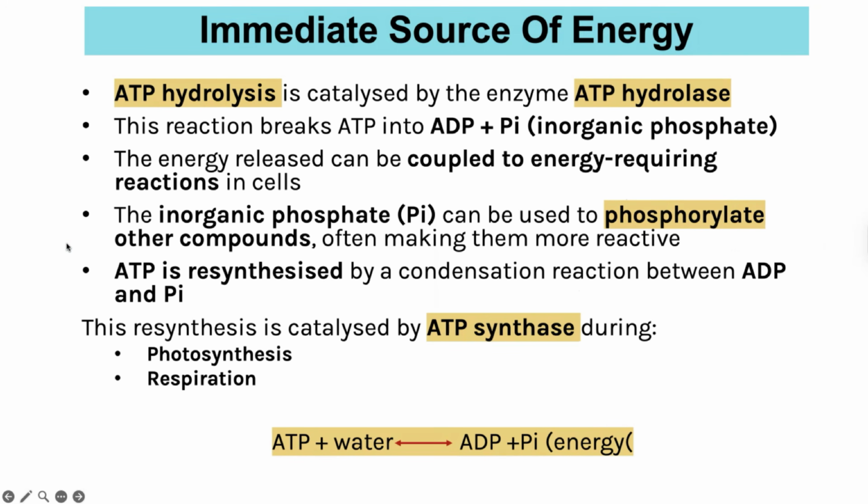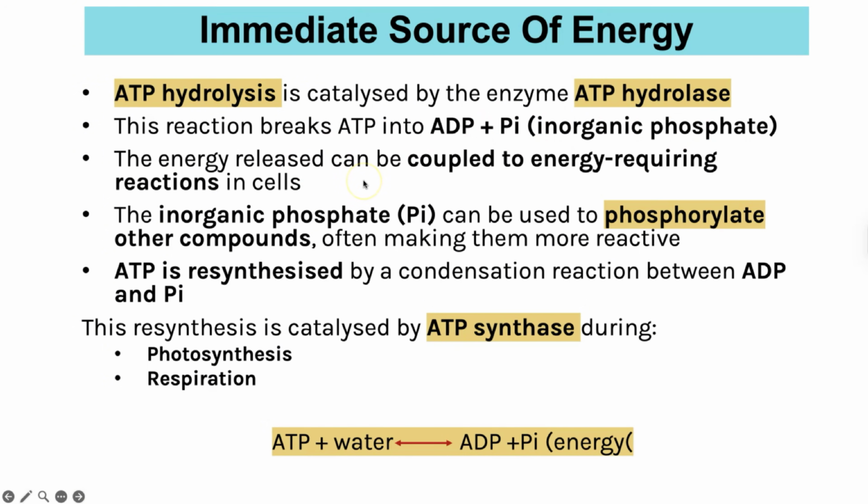So let's go through some of the key details then. ATP hydrolysis, meaning the splitting apart of ATP, which breaks off an inorganic phosphate and releases energy, is catalyzed by the enzyme ATP hydrolase, very similar to the word hydrolysis. So that reaction breaks ATP, or hydrolyzes ATP, into ADP, meaning diphosphate, T means triphosphate, and Pi, which is inorganic phosphate.